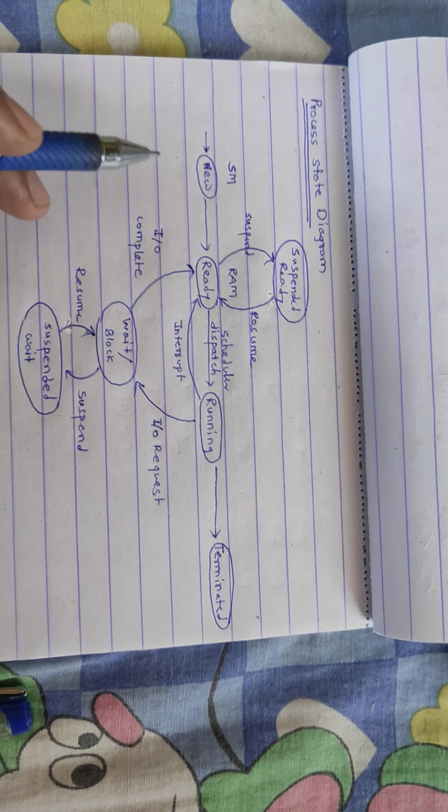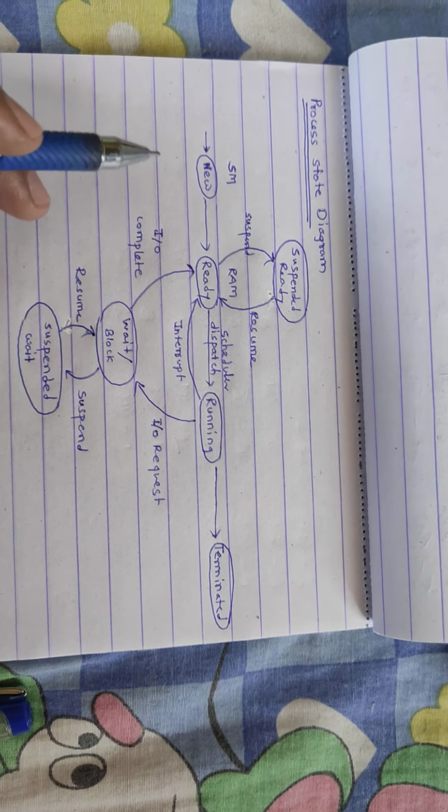And once its IO request is fulfilled and there is space again in the waiting queue, the suspended wait process resumes back to the waiting queue. Okay, and further it enters the ready queue for its next execution. This scenario is handled by the third type of scheduler, that is the medium term scheduler.